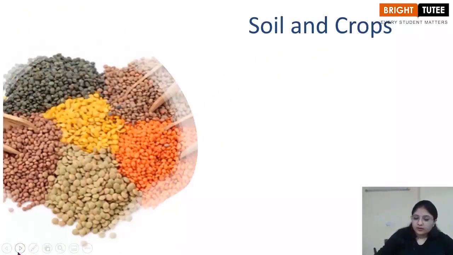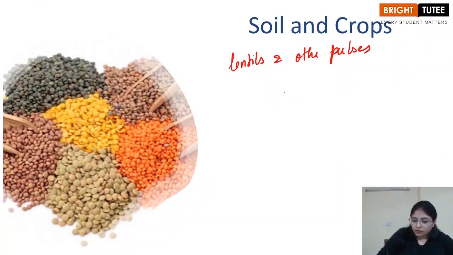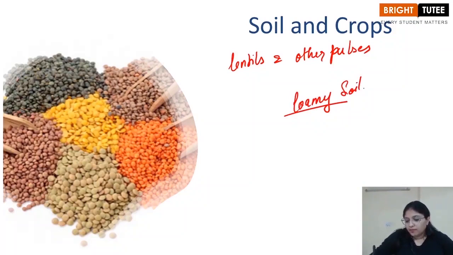Then the lentils and other pulses grow in loamy soil. The reason is that in loamy soil, optimum water retention is seen. That means it does not hold water for a very long time.